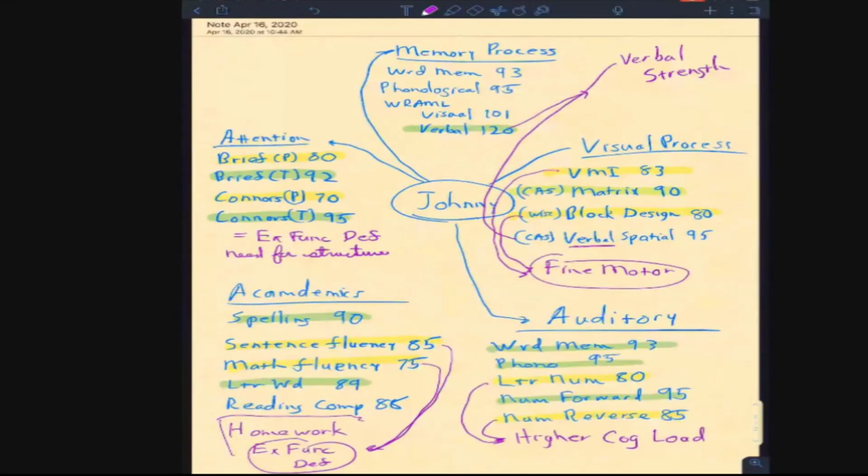So I think those two should be an indicator to us of a possible fine motor weakness. Yes, very good. I'm going to go for now with a fine motor weakness. Lorraine mentioned dysgraphia. Very possible.